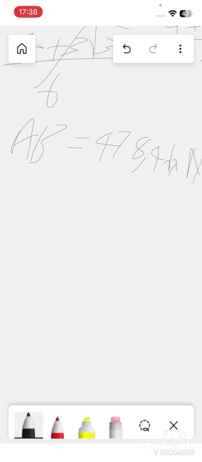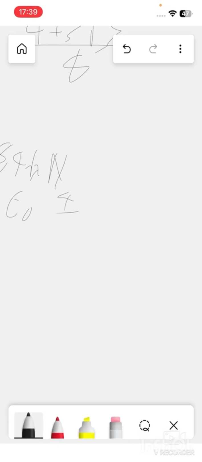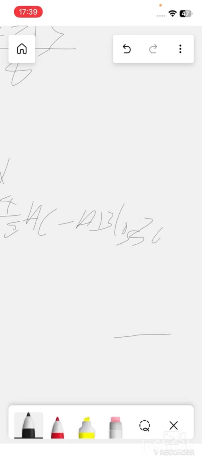For AC, we're going to substitute AB into 4 over 5 AC minus AB cos 30 equals 0. Therefore, where were we?